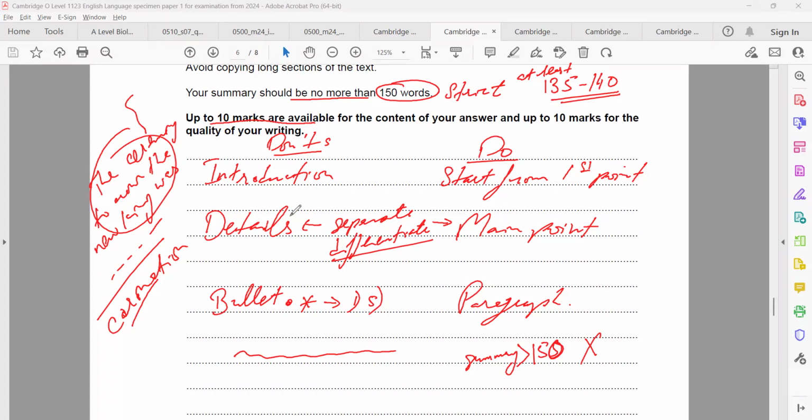And so because you wrote too much, you put in a lot of details, perhaps 1 or 2 of your points are after the 150 limit, and so the examiner won't check it, and that's a loss, obviously, right? So not too little, because then you're not writing enough of the main points, and you're going to lose there. And not going over, because you're writing too much and then your main points are not within the limit.